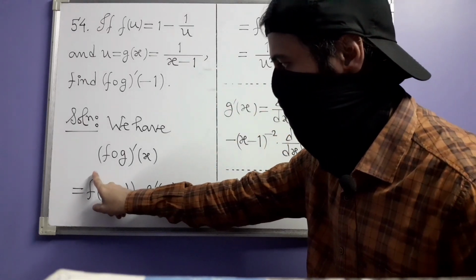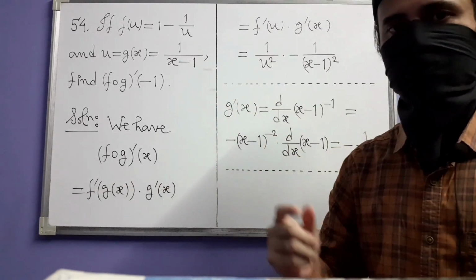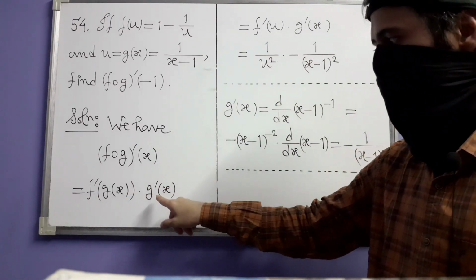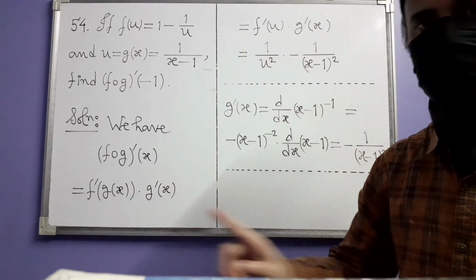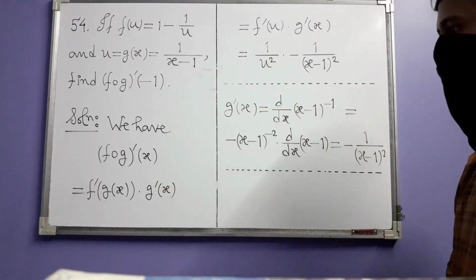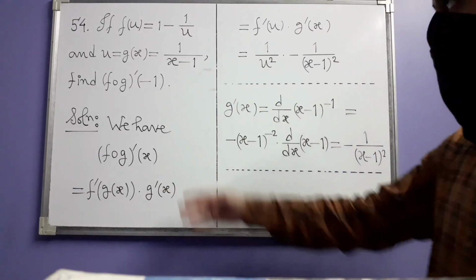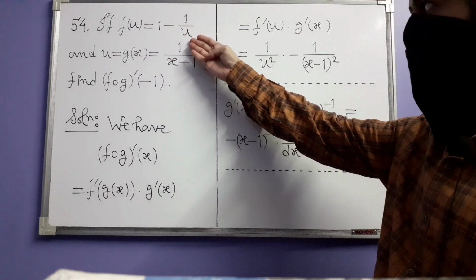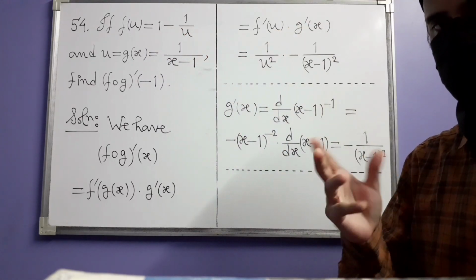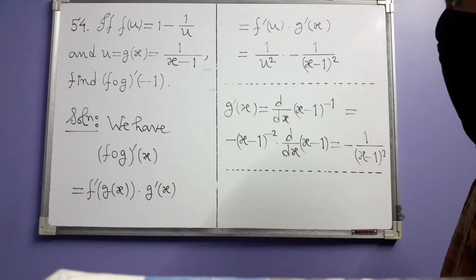We are differentiating the outer room without changing the inner room, and then multiply that with the derivative of the inner room, that is g of x. That means g prime x. But because f is given in terms of the variable u, it makes sense that we write u here, otherwise it will be a little confusing.